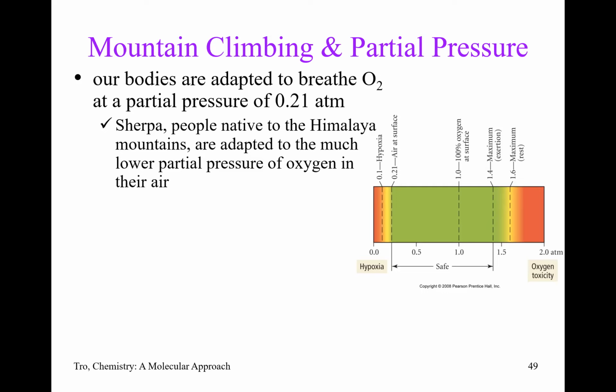So their percents are pretty close no matter how you line it up. But almost everybody on Earth lives at or near sea level. So our bodies are set up to breathe partial pressures that have 0.21 atmospheres, because that's 20% of the total of one atmosphere.